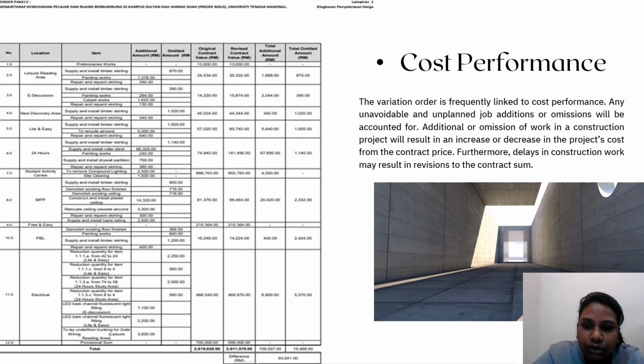It's excellent to note that the total cost of this project did not surpass, and is less than, the initial contract value. The overall amount of omission is more than the whole amount of additions. Finally, this project was considered good in terms of cost performance because the expenditures were well managed.